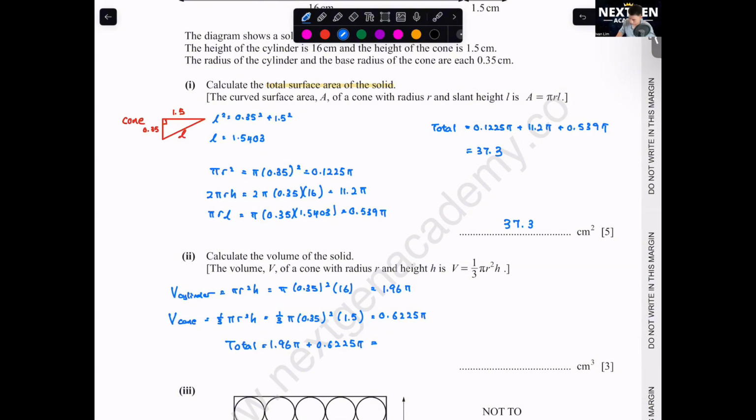Oops, it's not 0.6225. It is 0.06125 pi. So the reason why I break it down like this, easier for me to check any mistake that I've made also. 6.35.